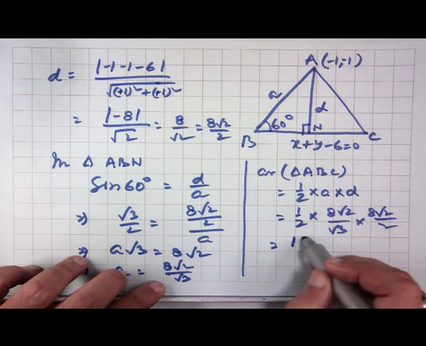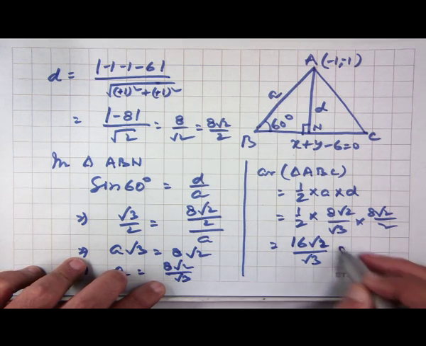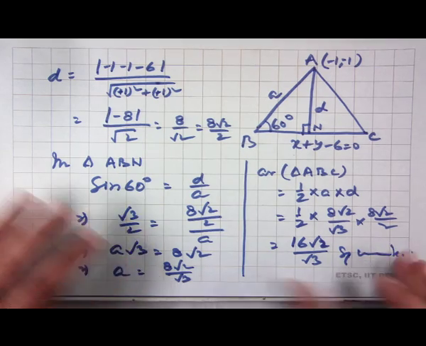This is 16 root 2 by root 3 square unit.